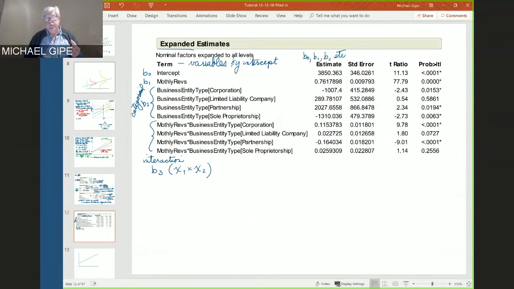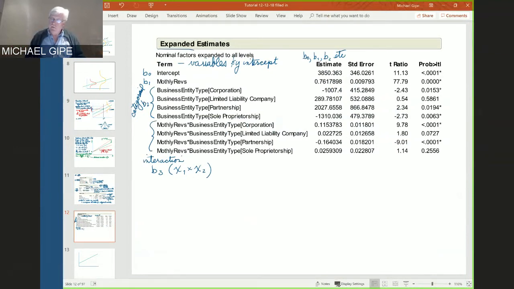The categoricals, now that we have it split out, essentially there's a B21, a B22, a B23, and a B24 here, and depending upon which level of the categorical variable we have for any particular observation, we would use one of those coefficients in order to figure out what the contribution of that level of categorical would be to the Y value.